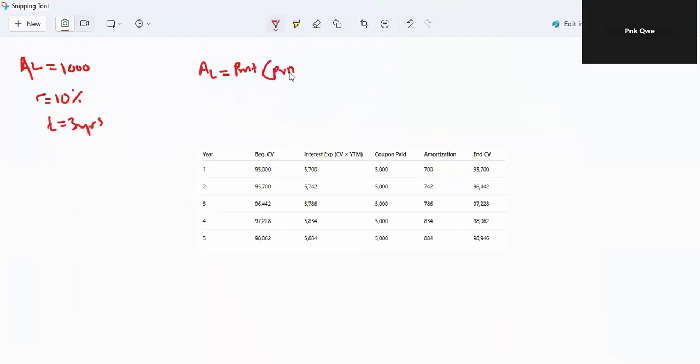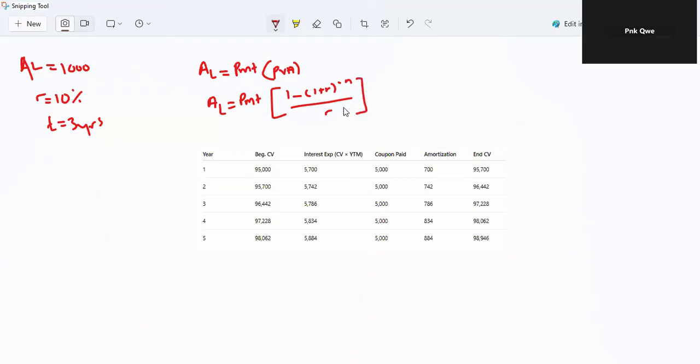So we, in our time value class, had expanded the annuity formula. The annuity formula is given by what? With a negative. There's future value and present value annuity. So the present value annuity is 1 plus R to the power negative N, over R. So this is a formula for loan amortization.